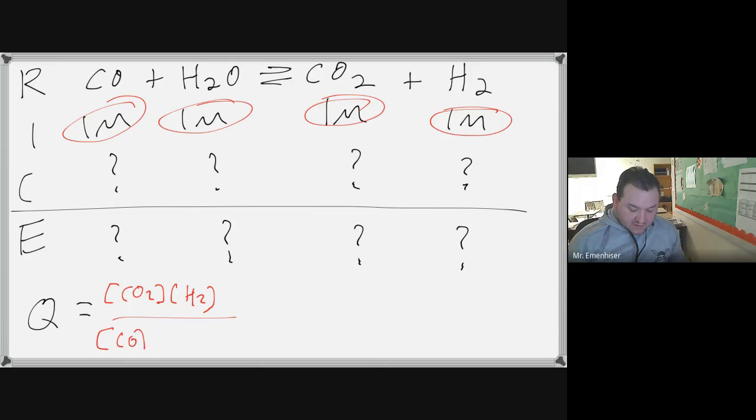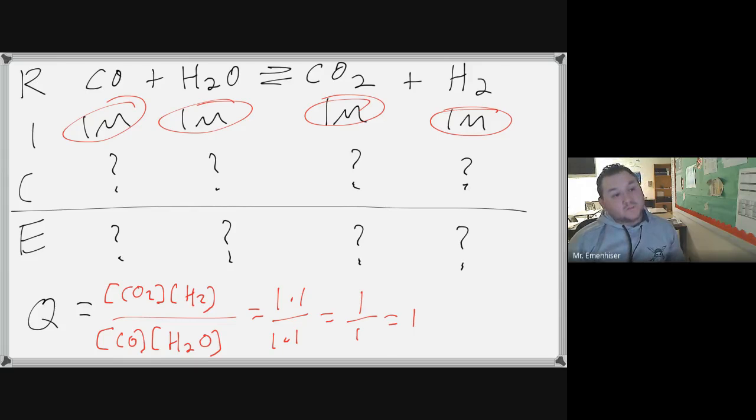I would check that, make sure you have a balanced equation so that you get the right exponents in your K. We're going to plug these in. 1 times 1 over 1 times 1. 1 times 1 is 1. 1 times 1 is 1. So Q is equal to 1. K is 5.10.